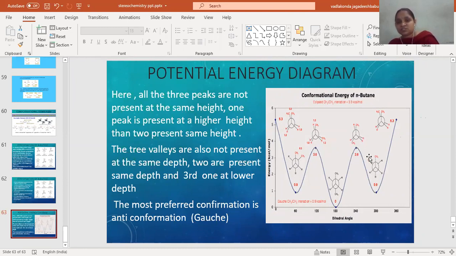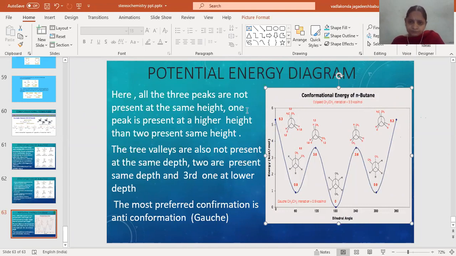Then one more 60 degrees rotation, we will get another gauche form, which has a structure almost similar to the second structure and the same energy as the second structure. And if we rotate one more 60 degrees, then we will get the first structure, that is our eclipsed structure. So this is the conformational energy diagram of n-butane.